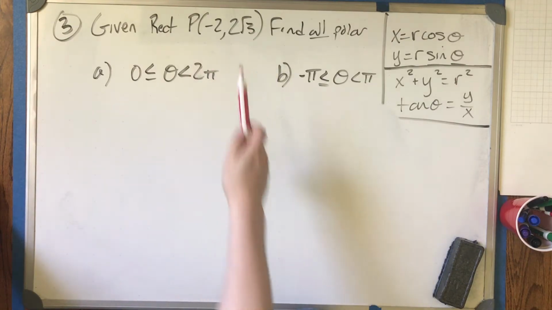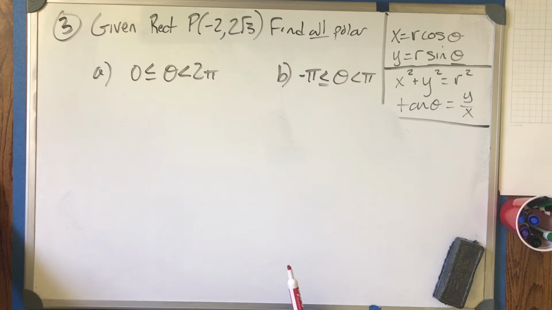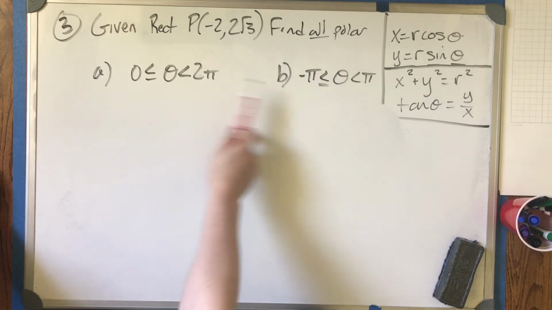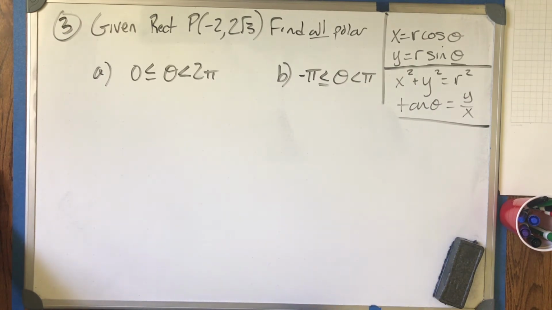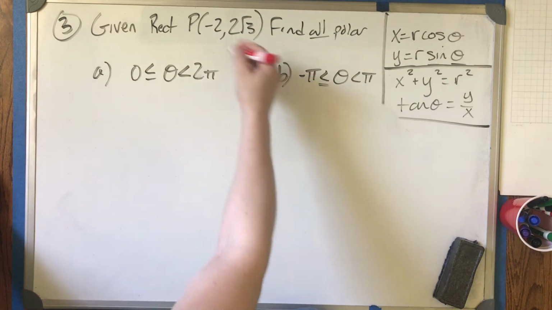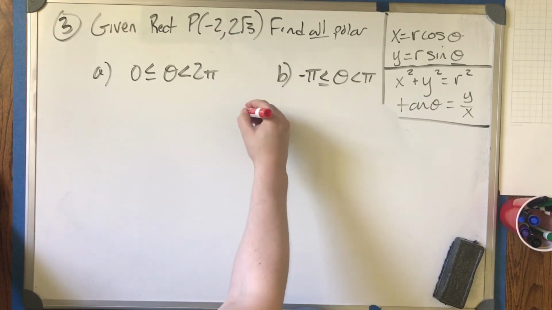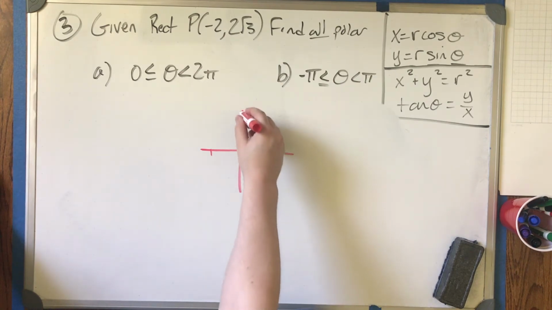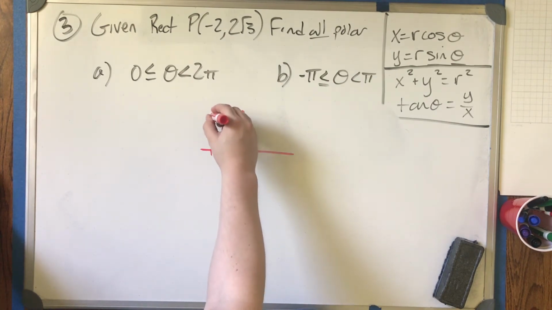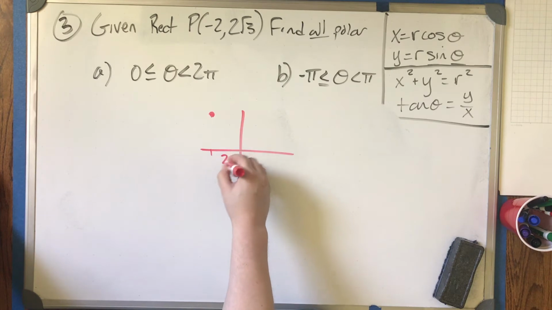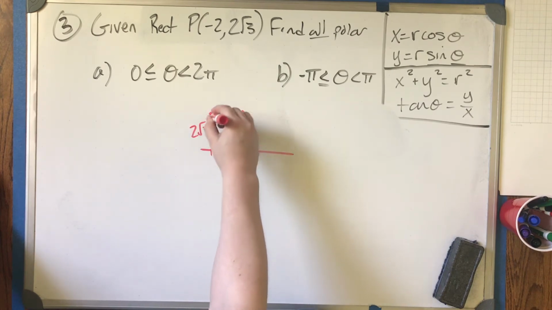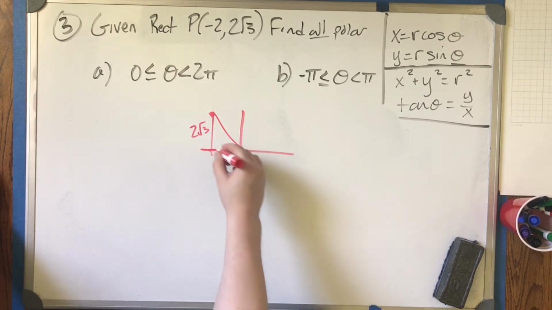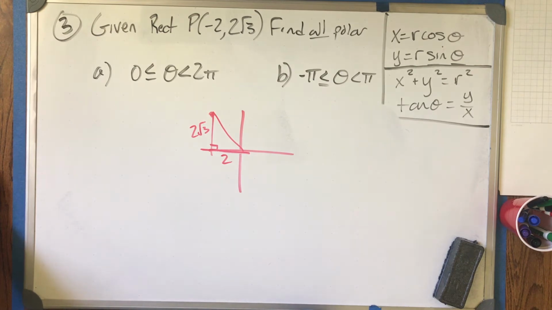For 3, we're given a rectangular point, and we're being asked to find all polar coordinates that satisfy these angle requirements here. So the first thing I'm going to do is draw this and figure out where it is. I'm just going to do it right in the center. It's negative 2, and then up to rad 3, so that's going to be right here. From this, I can make a triangle, and I can figure out what the radius is going to be.